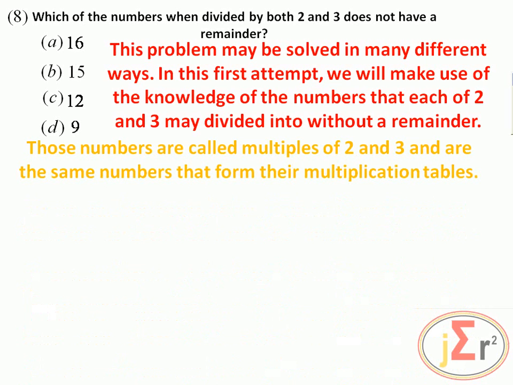Those numbers are called multiples of 2 and 3, and are the same numbers that form their multiplication tables. So the numbers that we will make use of, the multiples of 3, are those numbers in your 3 times multiplication table.